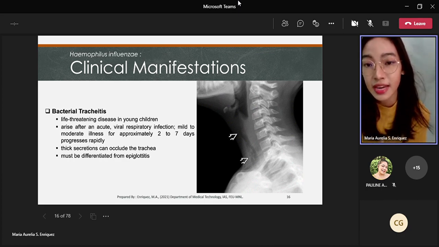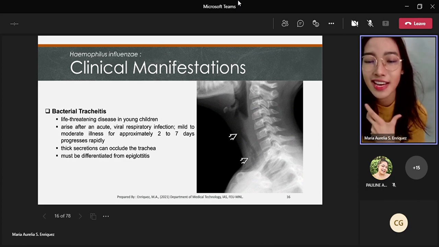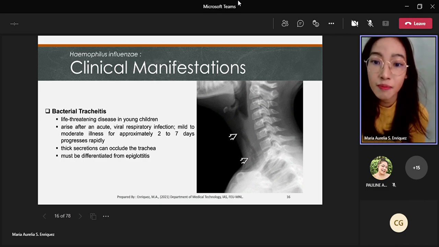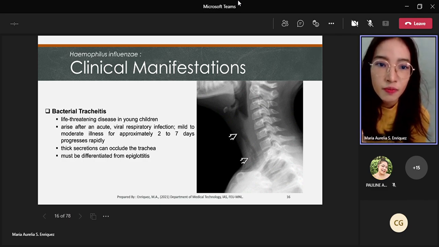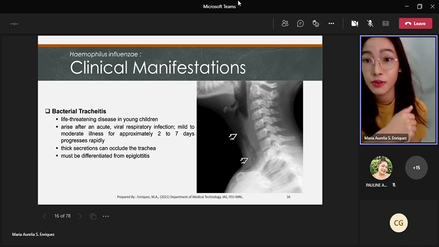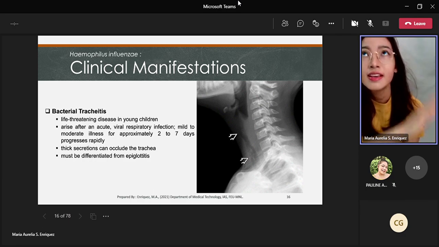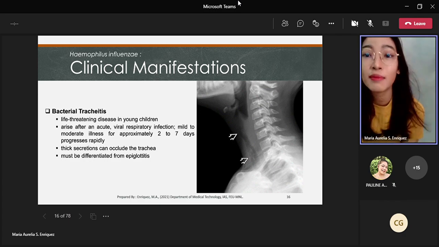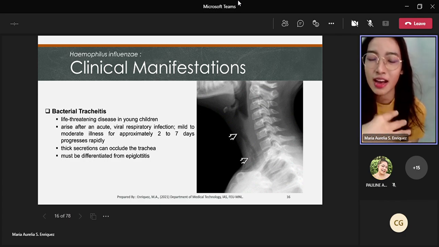In bacterial tracheitis, the patient accumulates thick secretions that can occlude the trachea, and it is just as fatal as epiglottitis. Okay, so parehas din po kasing nababarahan yung airways ng pasyente sa epiglottitis and bacterial tracheitis. Ang pinagkaiba lang nila is magkaiba yung area ng upper respiratory tract na affected.